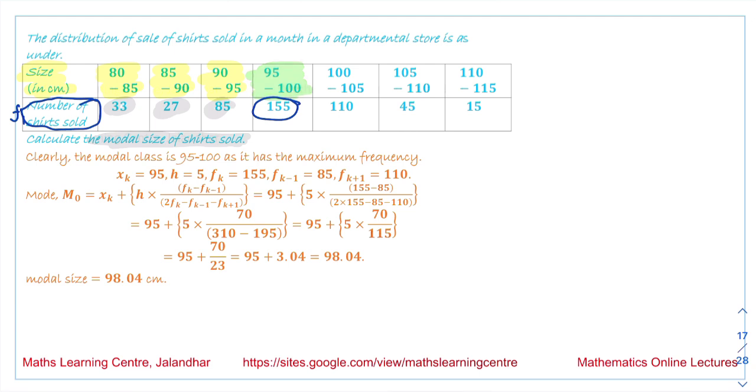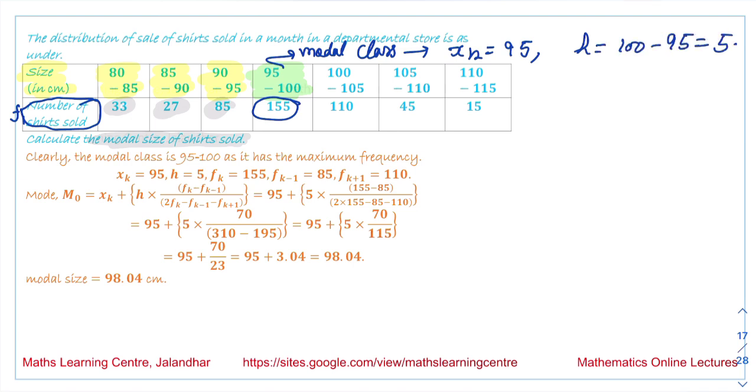This is the modal class. So the value of xk that we have is 95. The value of h that we have is 100 minus 95, which is equal to 5. Now the frequency corresponding to this modal class is fi. The frequency corresponding to the preceding class is fi minus 1, and the frequency corresponding to the succeeding class is fi plus 1.